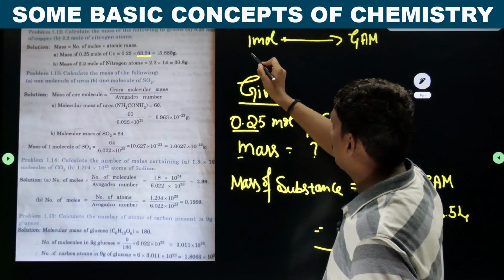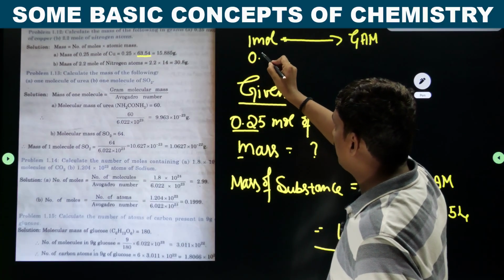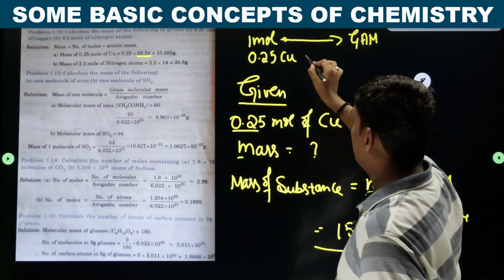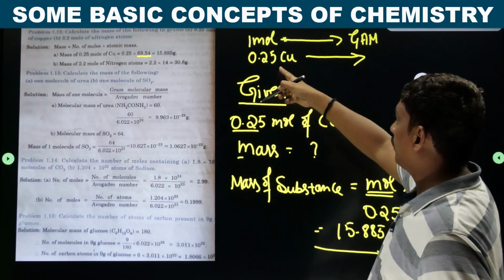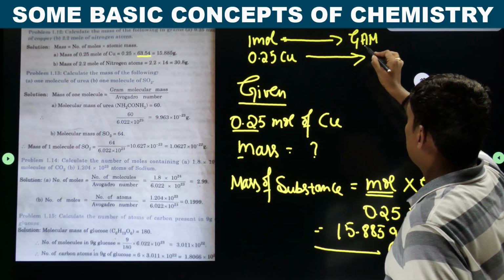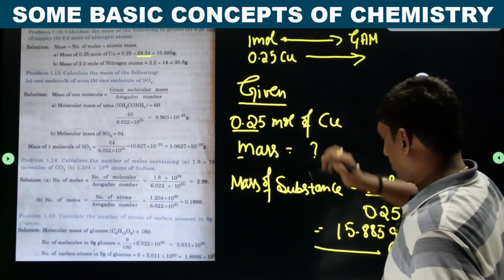Here, how many moles are given? 0.25 moles of copper is given. Its gram atomic mass is known.